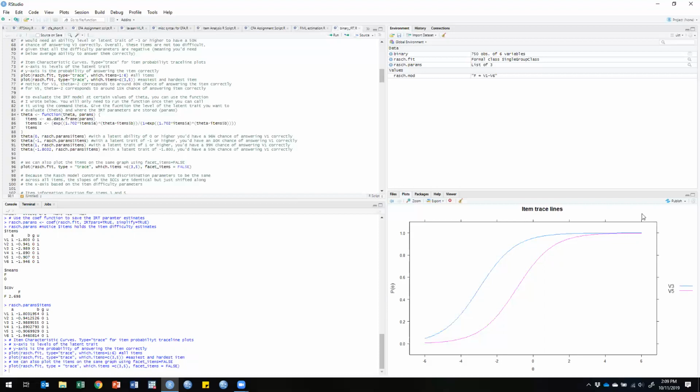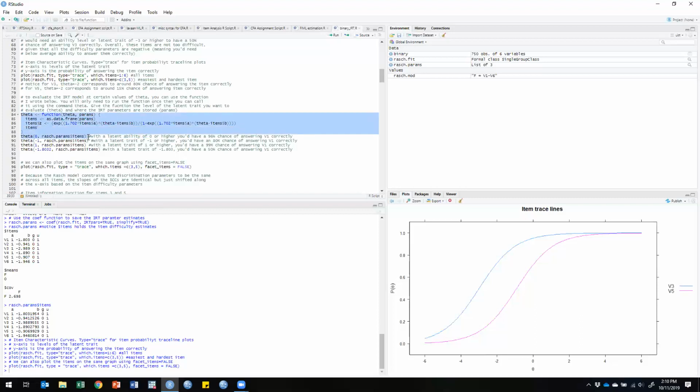Sometimes it's hard to tell from this graph exactly where you are. So I wrote a little function here. You can give it different values of the latent trait theta, and the function will tell you what ability level you'd have to be to get that.